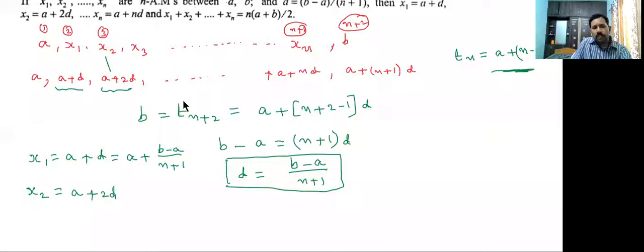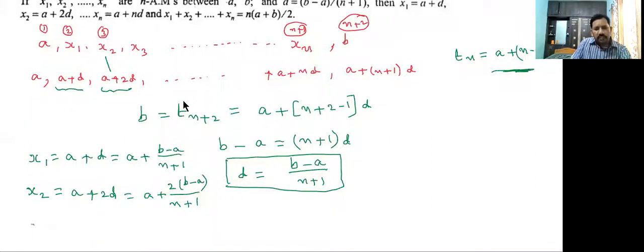So in place of d, write 2 into (b minus a) by (n plus 1). Students, have you understood? Similarly, we can find x3, x4 and so on. Xn also.